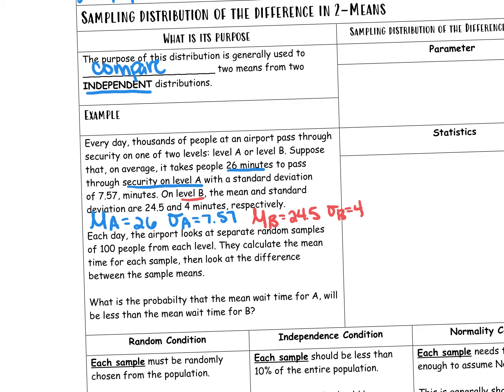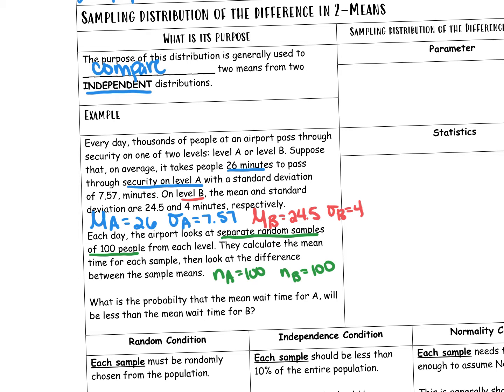It says each day the airport looks at separate random samples, which tells me that these samples are independent. The level A sample is not going to affect the level B sample. So we're looking at separate random samples of 100 people. For both, n of A is equal to 100 and n of B is also equal to 100.